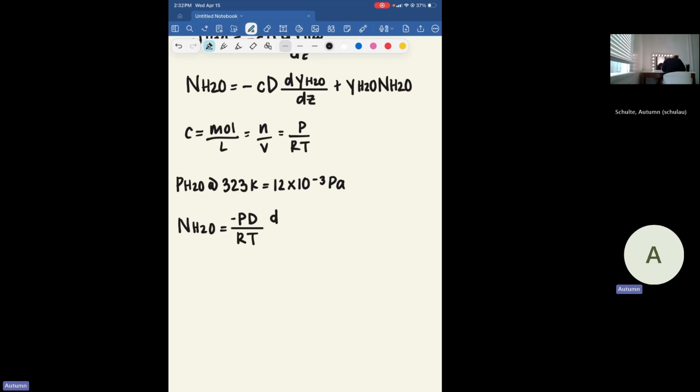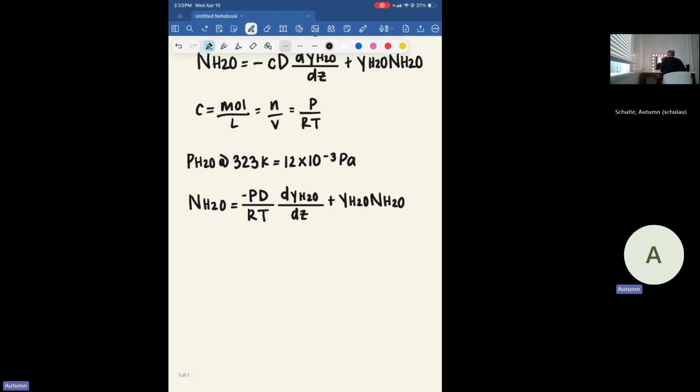And this is multiplied by the derivative of the mole fraction of our water with respect to our position Z plus the mole fraction of our water multiplied by the molar flux of our water.